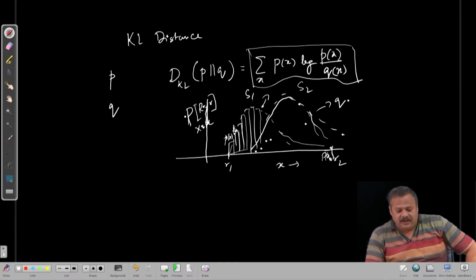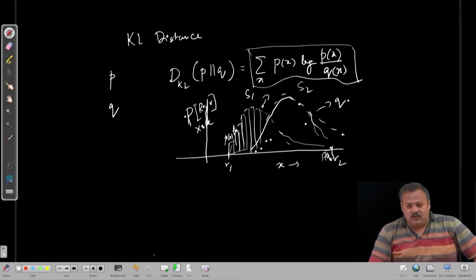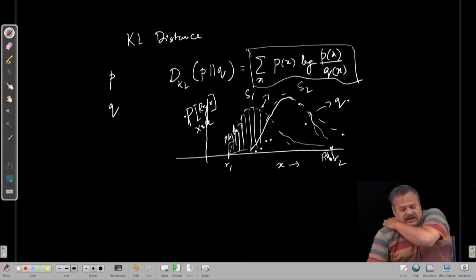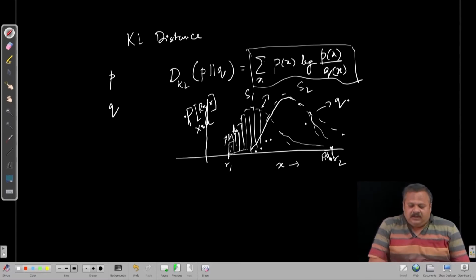We get a distance between the two distributions, and as the distance increases, the more is the discriminability between two stimuli.